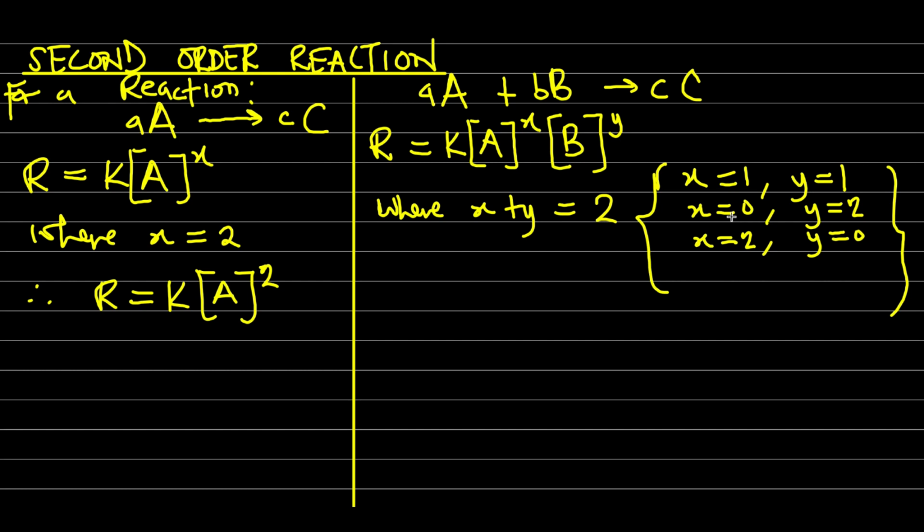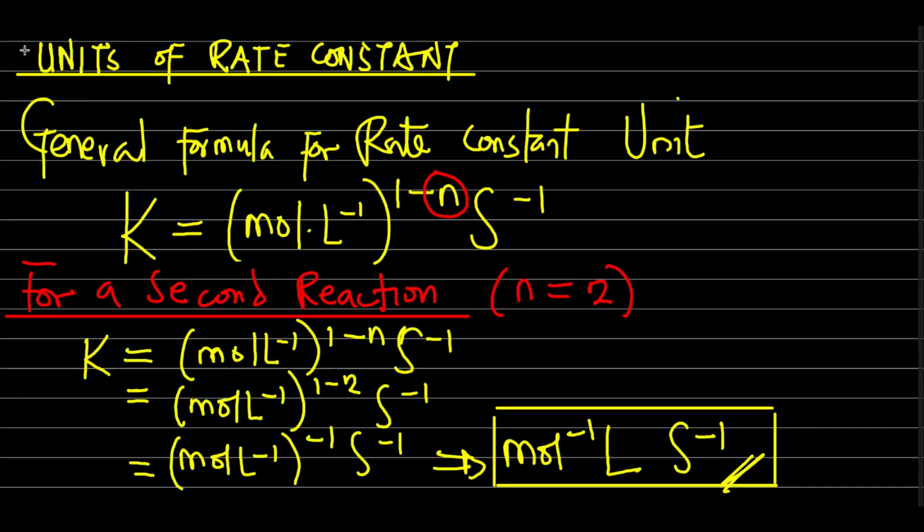Now we're going to be talking about the unit of rate constants. If you recall, in the previous session, I told us that the K in the rate law is the rate constant, and the rate constant unit varies for the various orders of reaction.